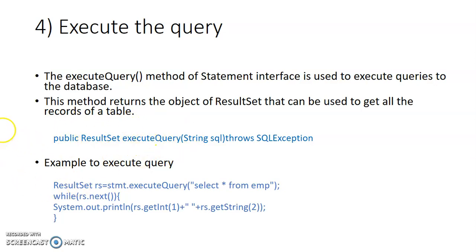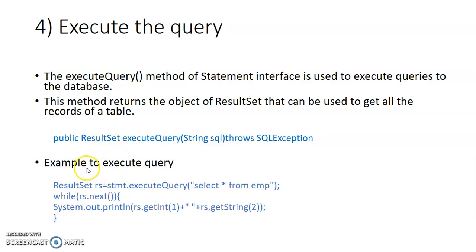It accepts one parameter which is of type String sql, and it throws the SQLException. It returns the ResultSet object. So its return type is ResultSet. Check out very carefully that executeQuery is a part of the Statement interface. The createStatement method, what we used to create the Statement object, was a part of the Connection interface. So check out that hierarchy.